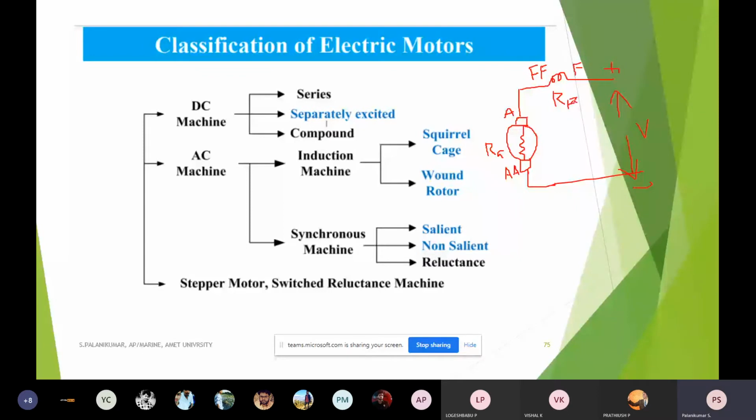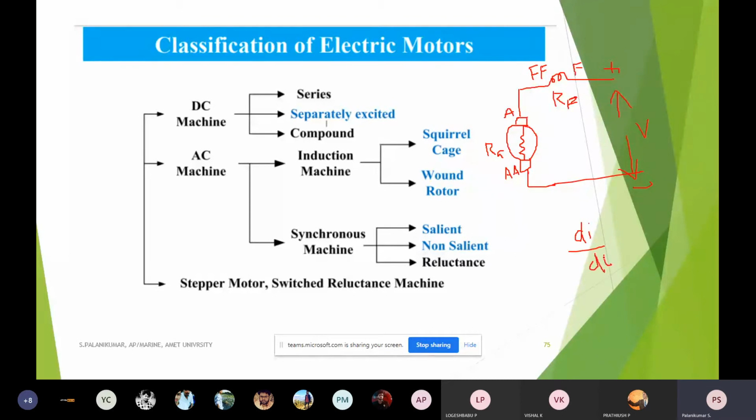Even though it is coil shaped, it is not going to exhibit any inductance because we are dealing with DC supply only. Inductance comes into the picture only when there is a change in the current with respect to time.